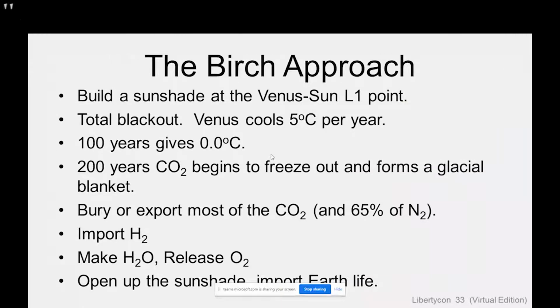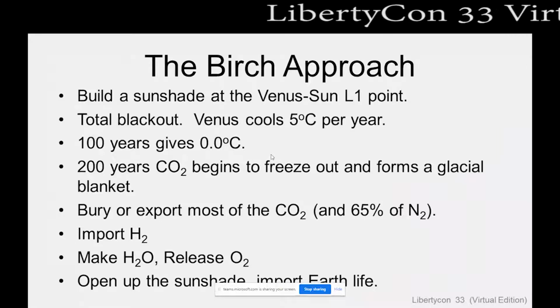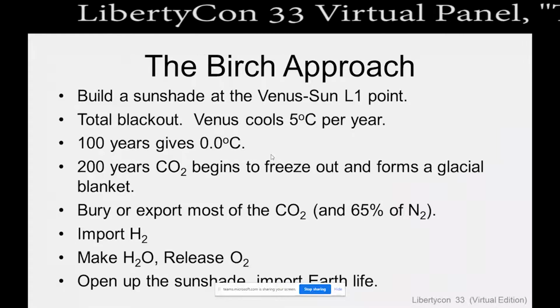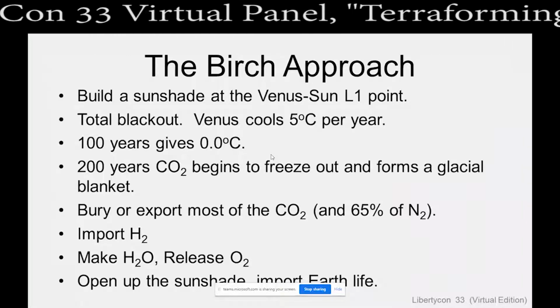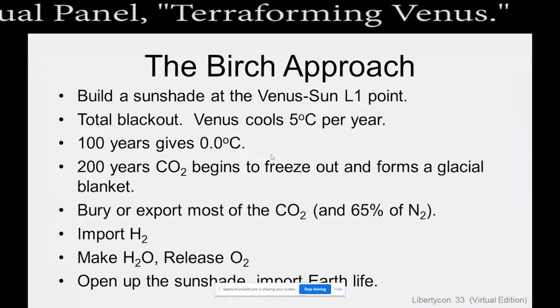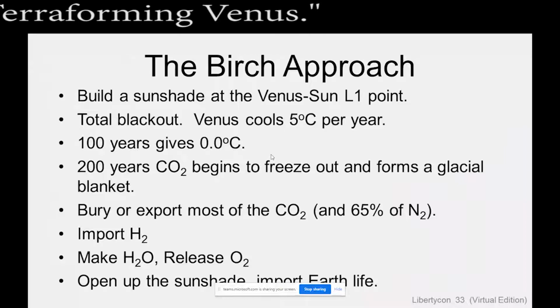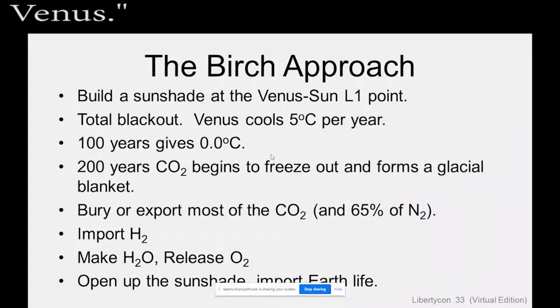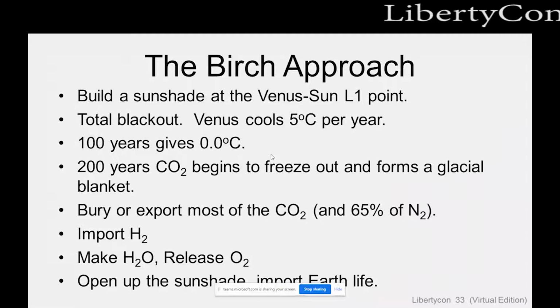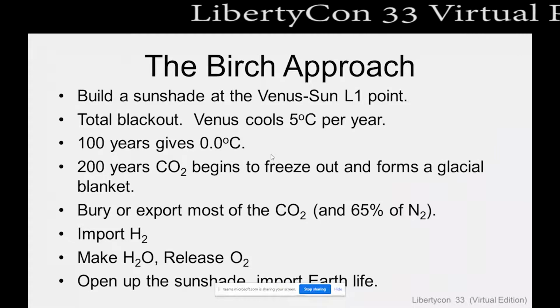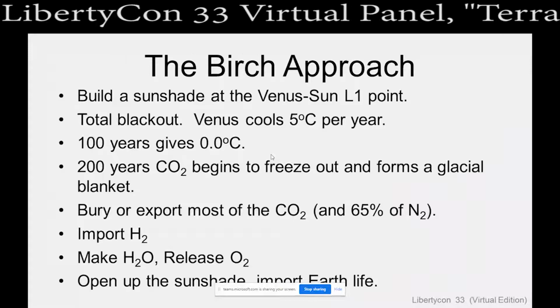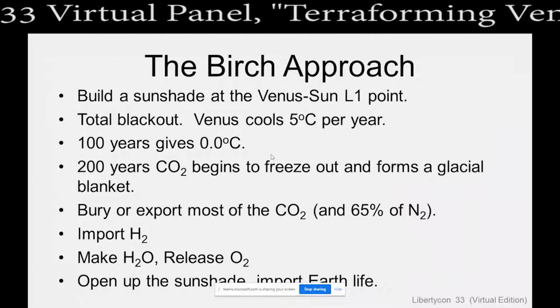The first approach I'm going to talk about was developed by Birch, his first name right now, so we just call it the Birch approach. And what he starts off is building a sunshade at the Venus-Sun L1 point, like we just discussed. And that results in a total blackout on Venus. Initially, Venus cools about 5 degrees C per year.